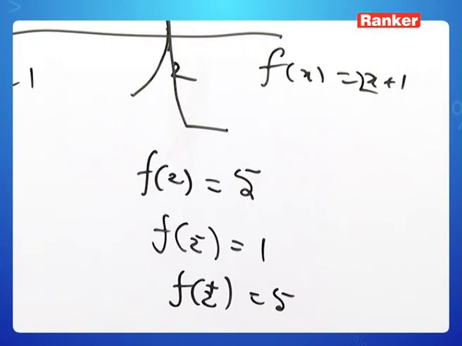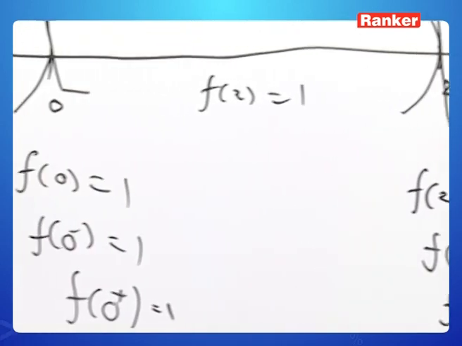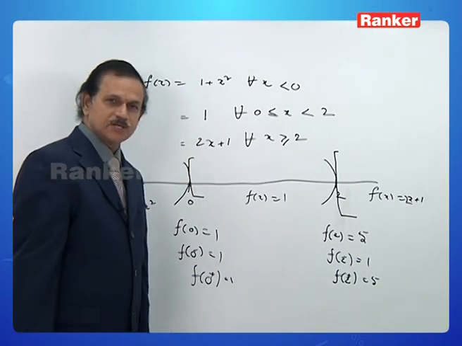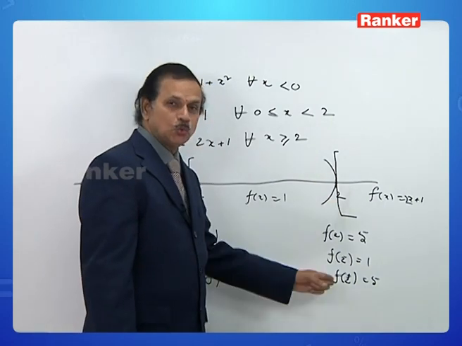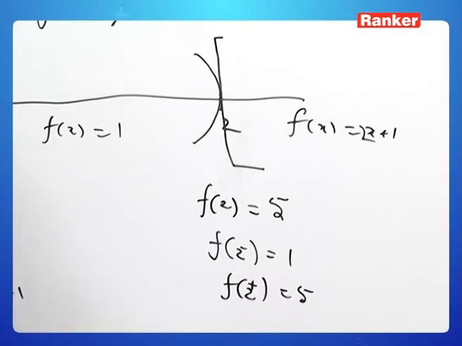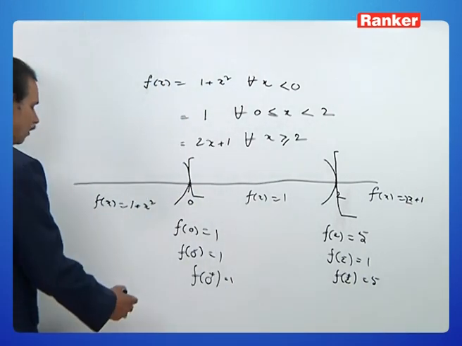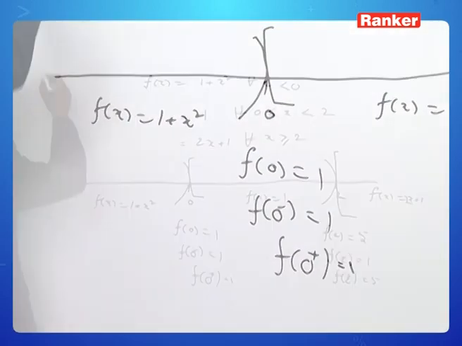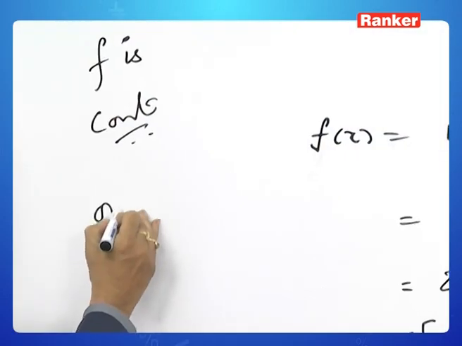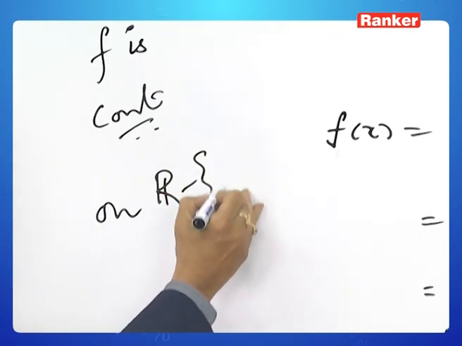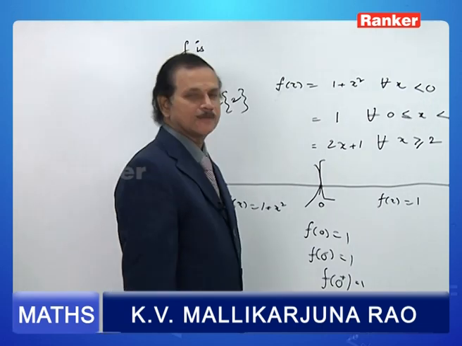Well, observing all these things, what should be our conclusion? In this region it is continuous, at x equal to 0 it is continuous, in this region it is continuous, and except at 2, at all the other real numbers f is continuous. So by concluding this, as the last sentence we write f is continuous on R minus 2, except at x is equal to 2 it is continuous.